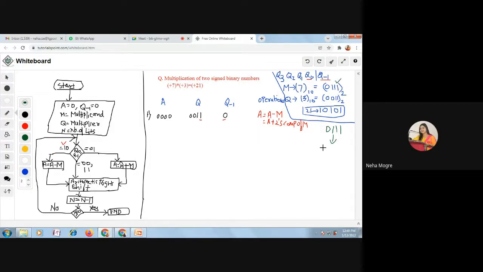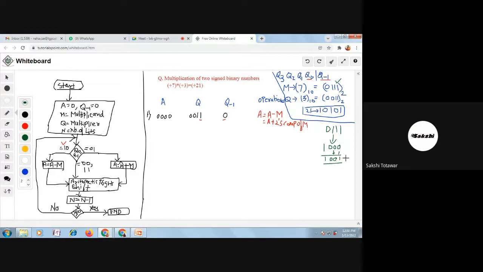Find the 1's complement of this, because we cannot directly find the 2's complement, and just add 1 to the number. What do you get?